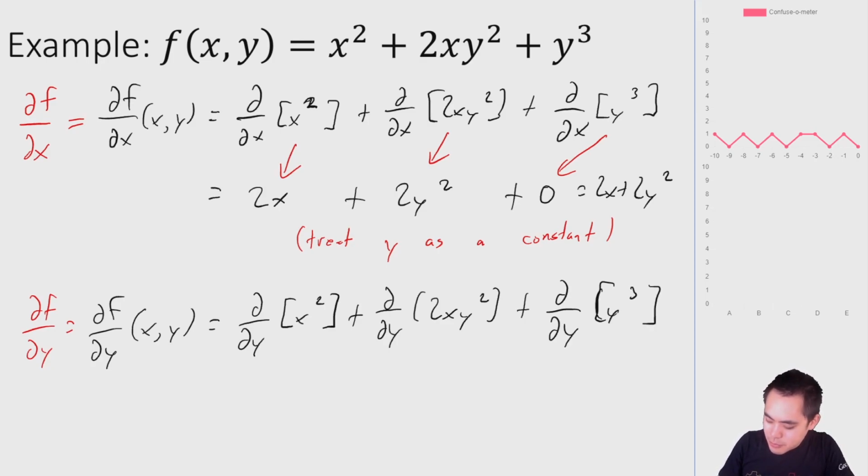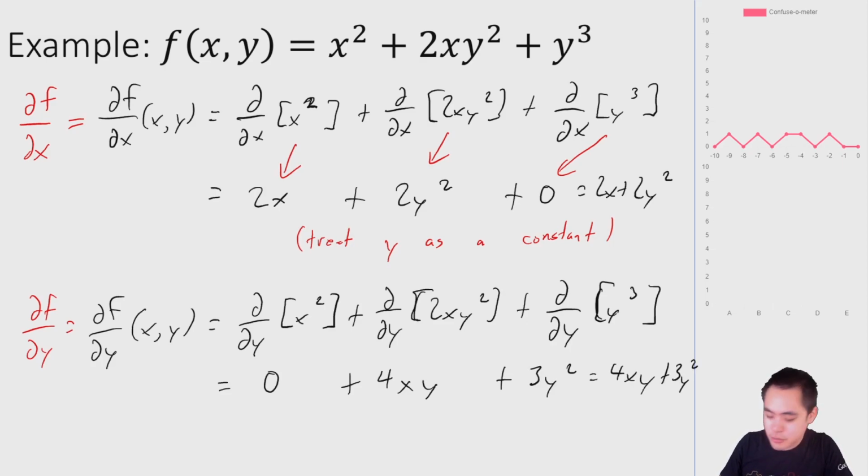Sorry, bad brackets. So this is equal to 0 because x is constant here, plus 4x y plus 3y squared, which is equal to 4x y plus 3y squared, since we treat x as a constant.